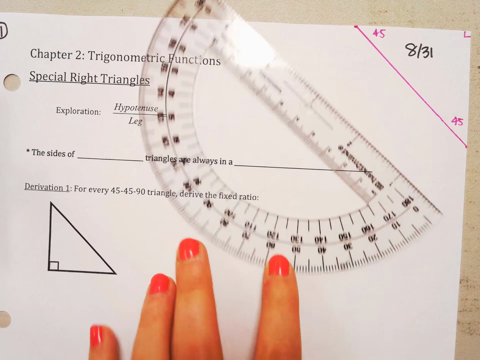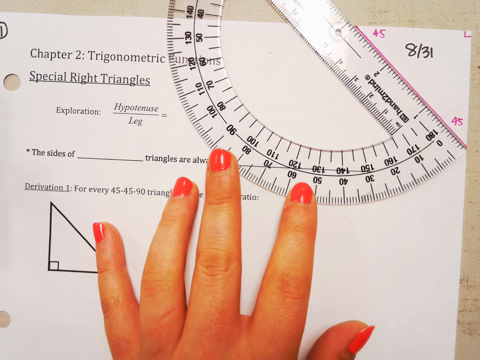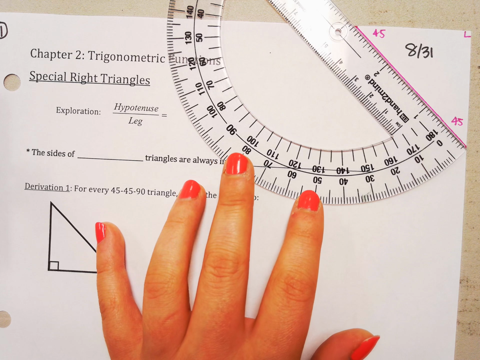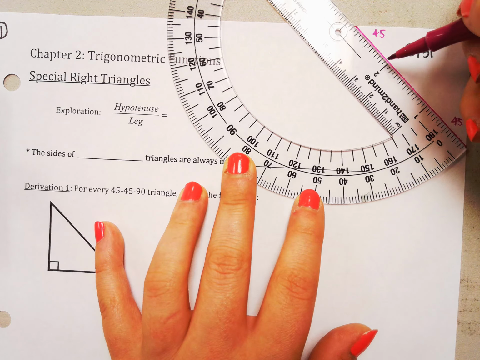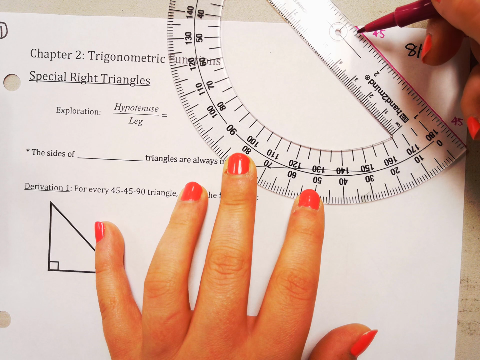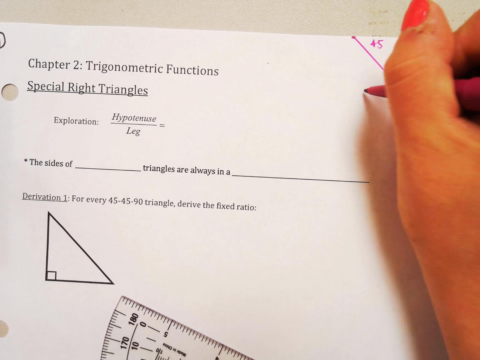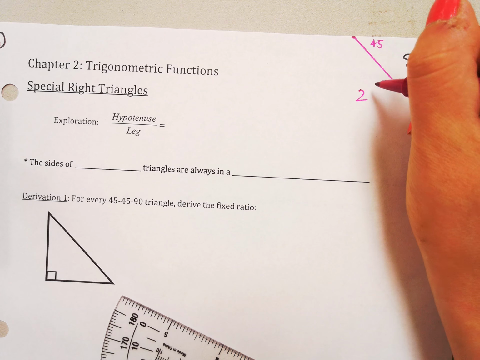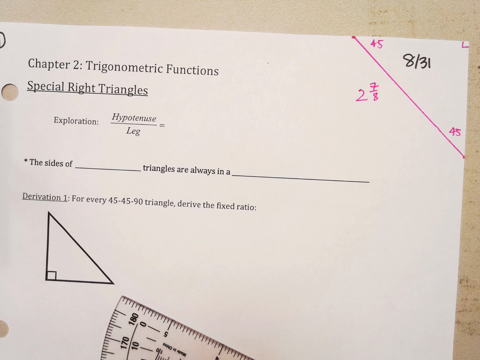So now I'm going to measure my hypotenuse. That's about 2 14/16, so that's 2 7/8. I'm going to figure out what that is as a decimal.